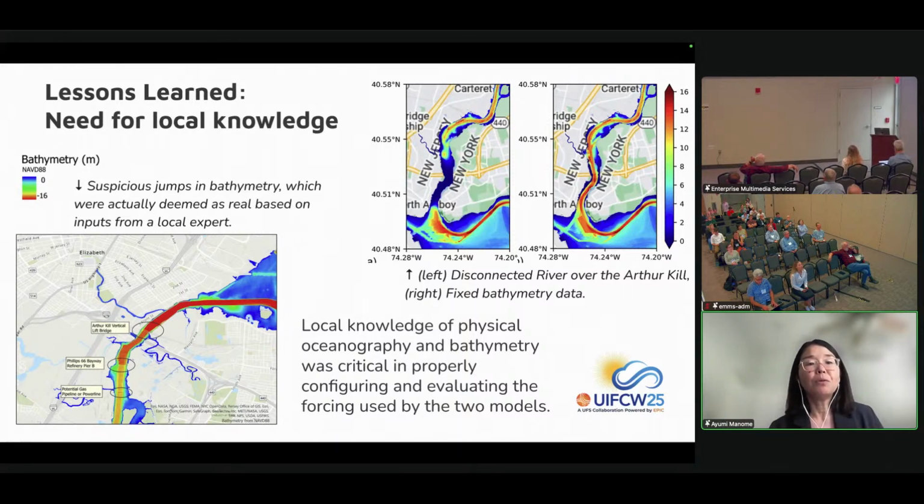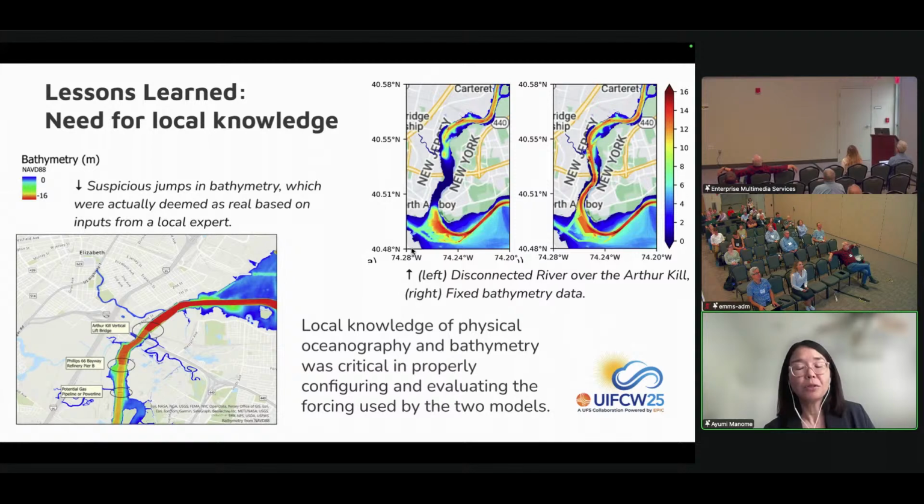But we also found additional suspicious jumps in bathymetric data. But based on the input from a local expert from the Weather Service, those jumps are actually deemed as real. So we decided not to touch them. On the right, you can find another example identified by Kyumin Park, another tester. Now you can see a broken levee on the left.